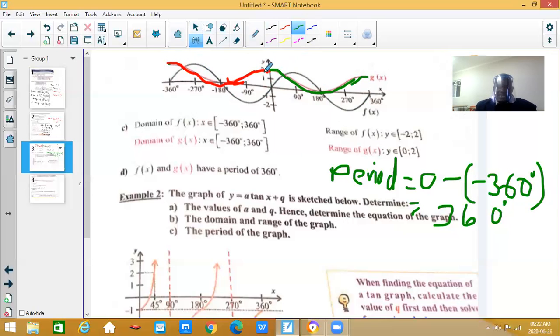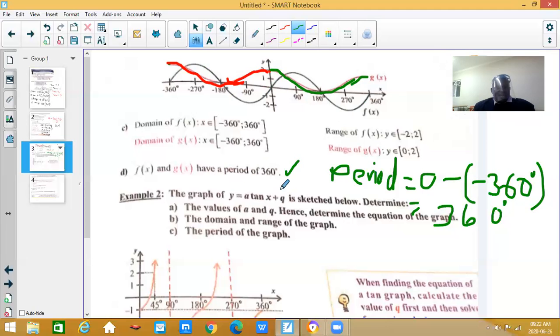This part up to there is a complete revolution. It starts once more, and so on and so forth. Just like we did on f in x, 0 minus minus 360 gives us the same, or someone could have taken 360 minus 0. So it's 360. That is why f in x and g in x have the same period of 360, right?